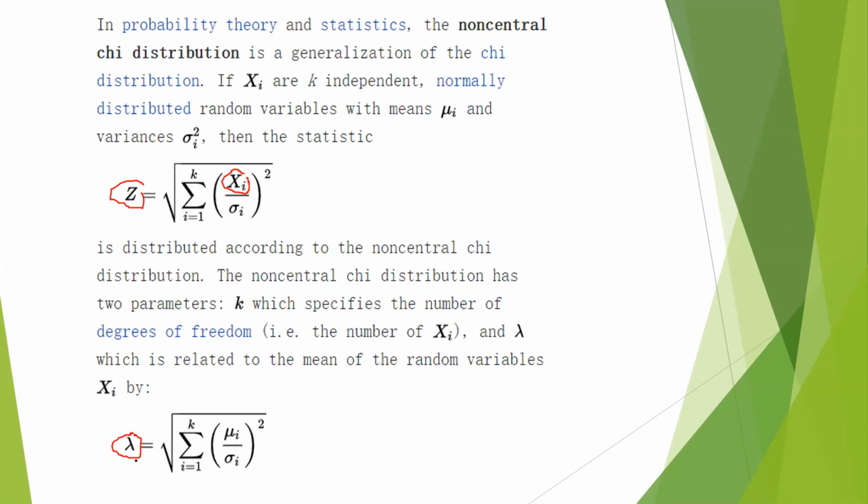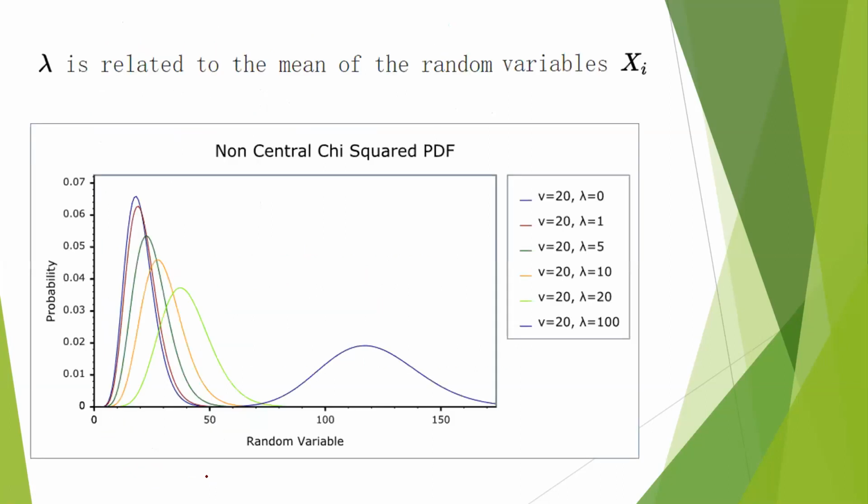They use different notations here, but if you understand, they are equivalent. So the non-centrality parameter here equals lambda on this slide. I also borrowed this graph from the website.